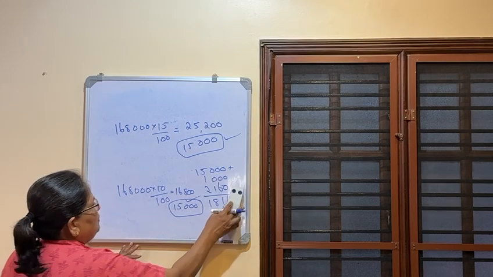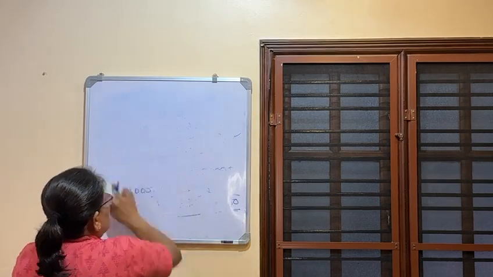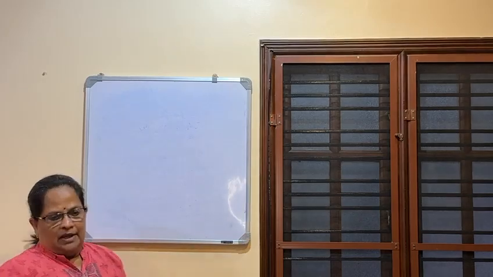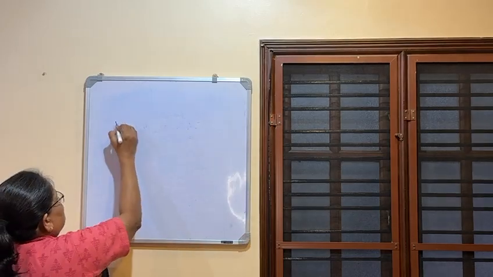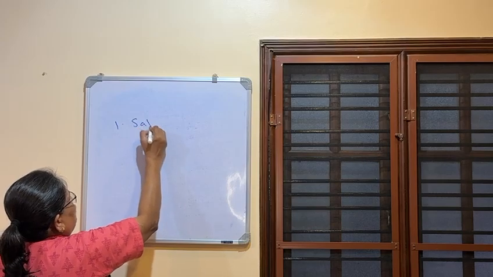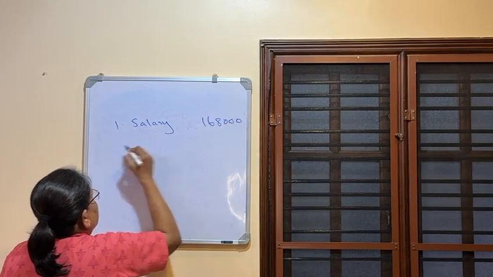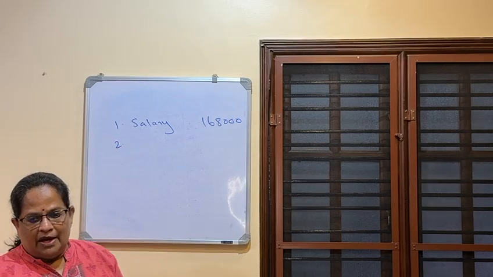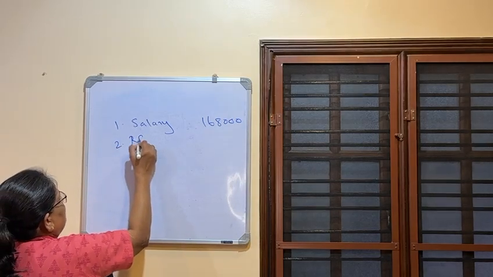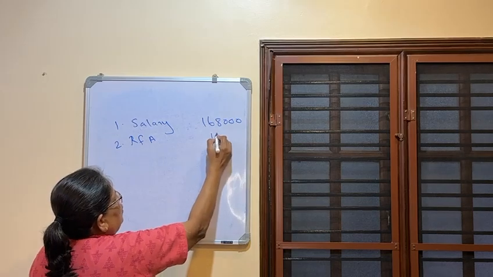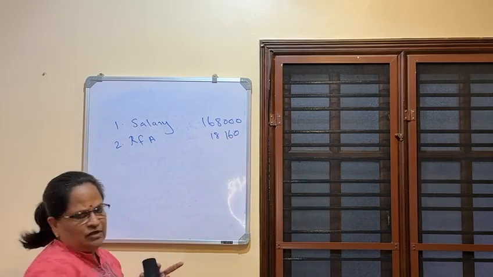Now you have to compute the taxable salary. Once you compute RFA, it's very simple. First is the consolidated salary, 1,68,000. Second is the RFA value we calculated, 18,160.